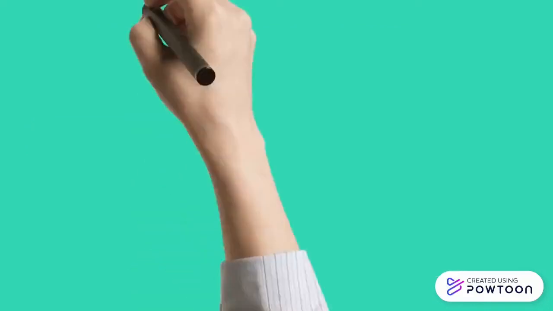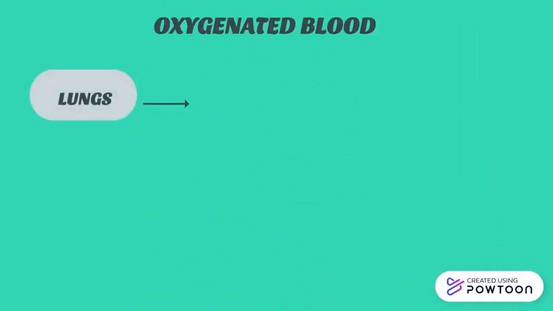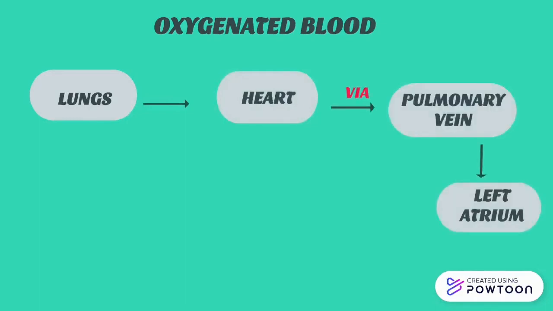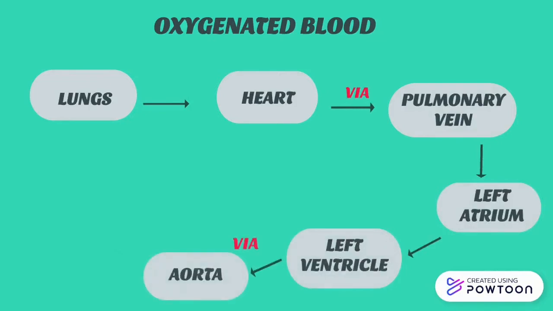The flow of the oxygenated blood. Oxygenated blood from the lung will enter the heart via the pulmonary vein and enter the left atrium. Blood from the left atrium will pump to the left ventricle.